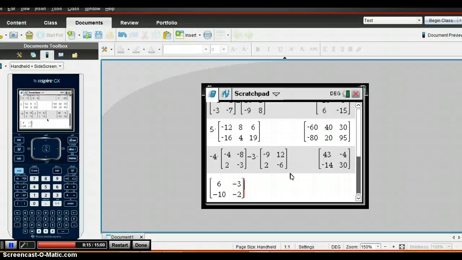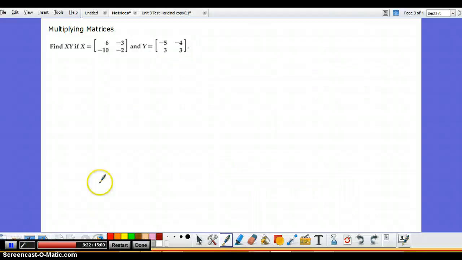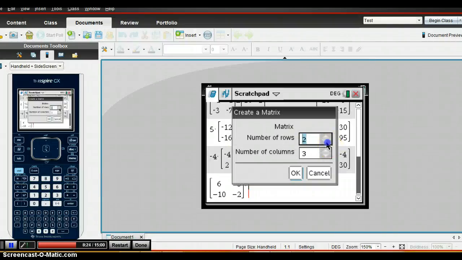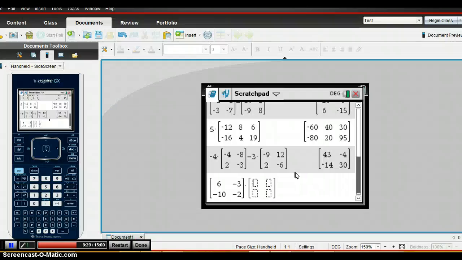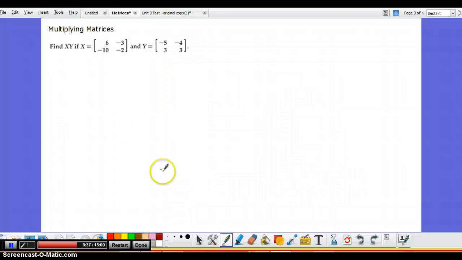And then we have another 2 by 2, so times another 2 by 2, which is negative 5, negative 4, 3, 3. And when we multiply them, that's what we get. So we have negative 39, negative 33. And we have 44, 34.